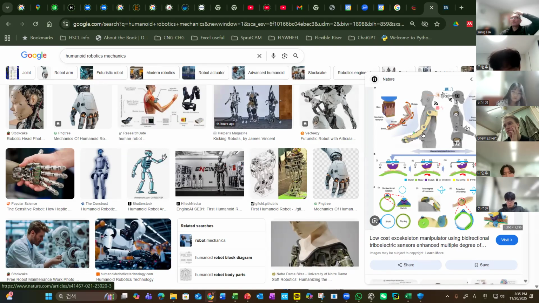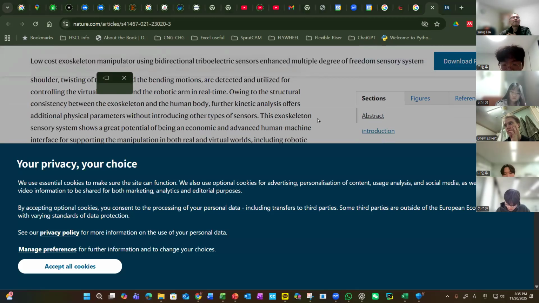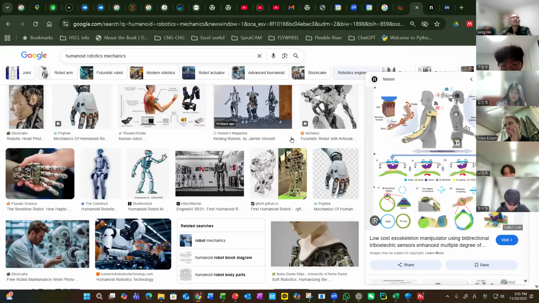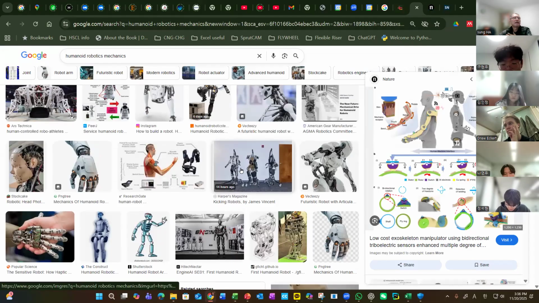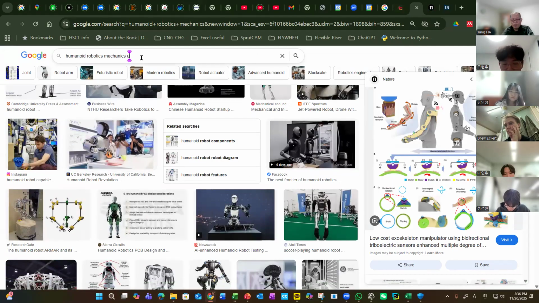And then our brain works as the controller, or AI. Not the AI, we are human intelligence. But structurally, we need to understand this, for example, the design of an arm.